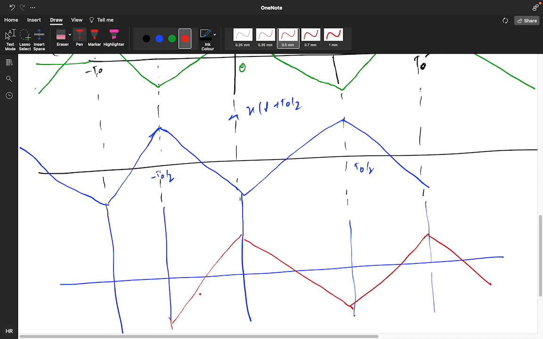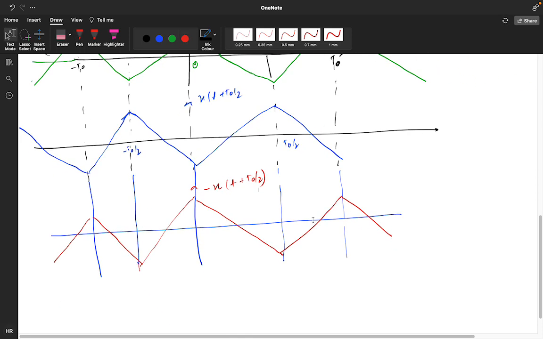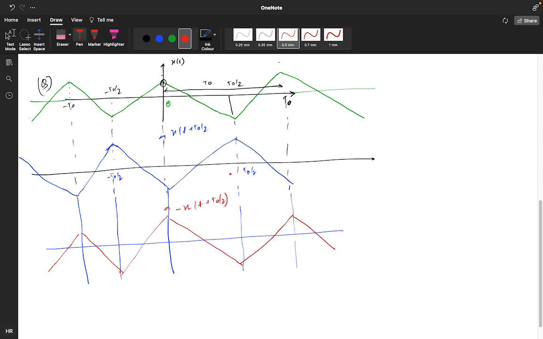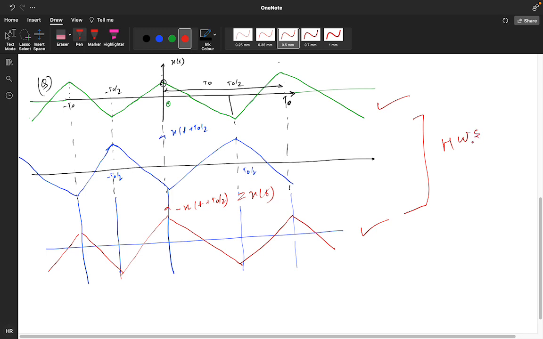So this is your minus x of t plus t naught by 2. So you are getting the same curve. See, is this equal to x of t? Yes. This signal is half wave symmetric. So half wave symmetric we are achieving.